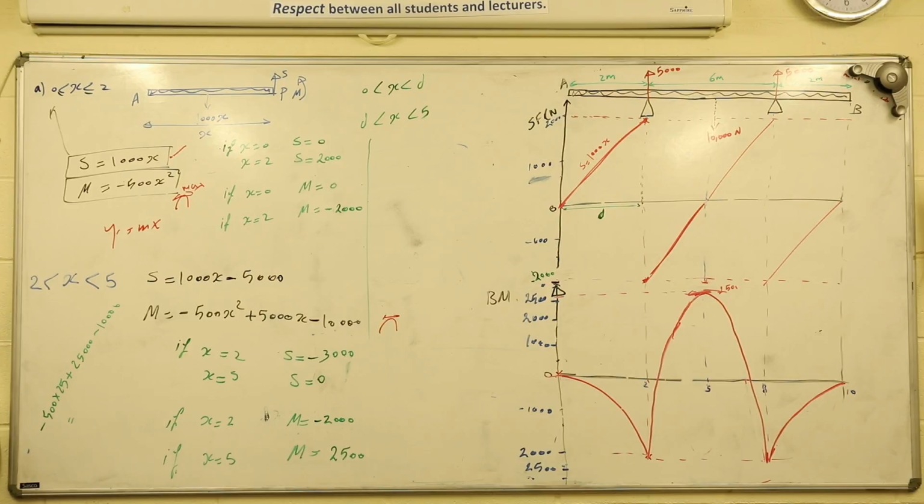1000x times x over 2 minus 5000 times x minus 2. How are we making an equation of bending moment? I put the values here before you.